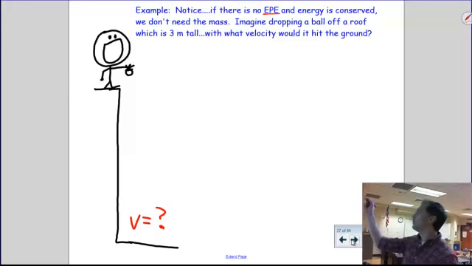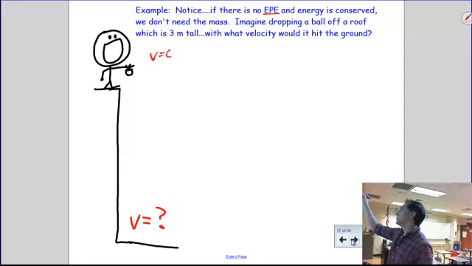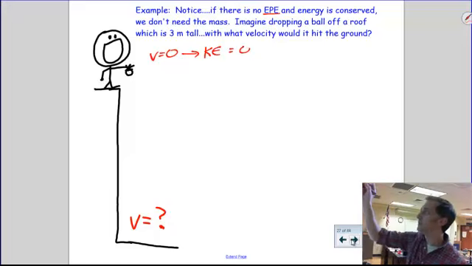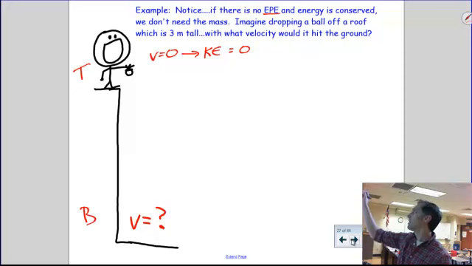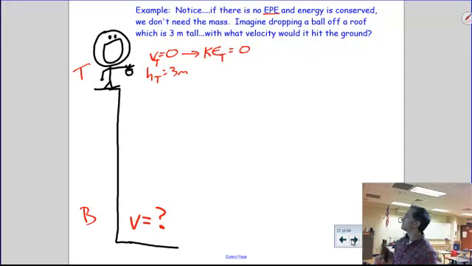So the idea is, if we're dropping the ball off the roof, what we know is up here at the top, the velocity is 0, which means my kinetic energy is 0. Let's call this point T as in top, and we'll call this point B as in bottom. So the velocity at the top is 0. That means the kinetic energy at the top is 0. The height at the top is 3 meters.